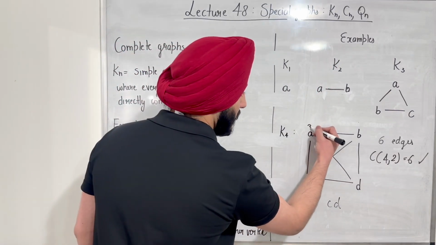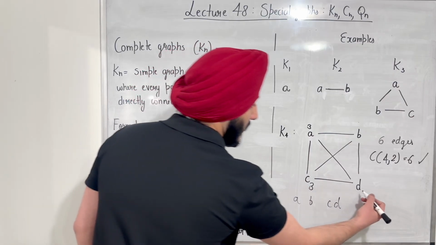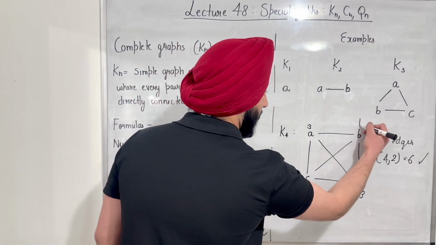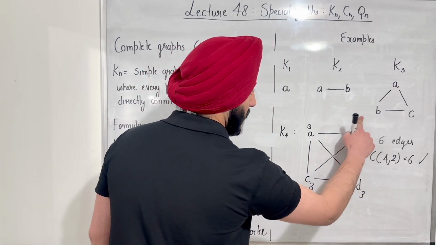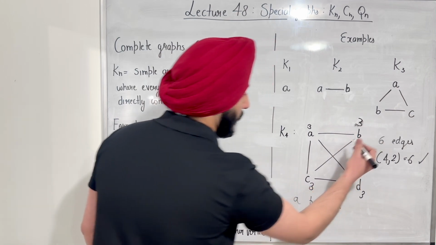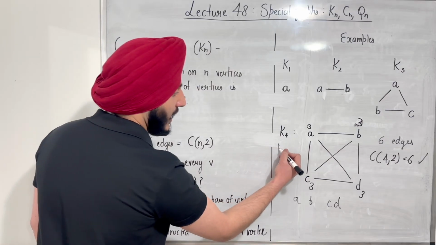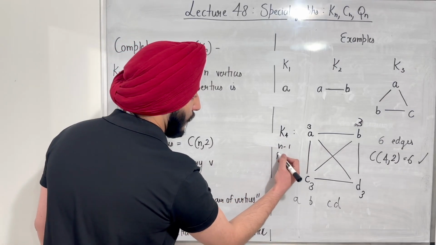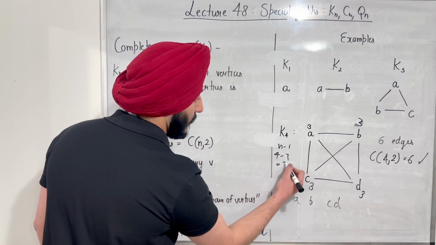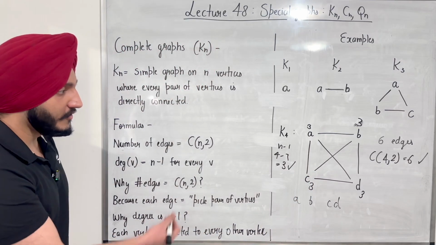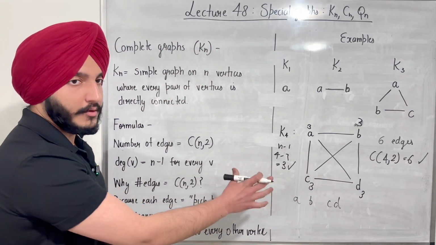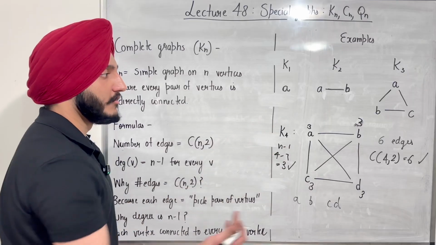A has degree 3, C has degree 3, D has degree 3, and B has degree 3 as well. First of all, all of them have the same degree, and secondly, the degree is n minus 1, which is 4 minus 1, which is equal to 3. So both our conditions are satisfied. And you can try doing this for K1, K2, K3 as well.